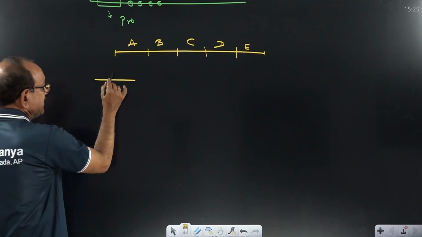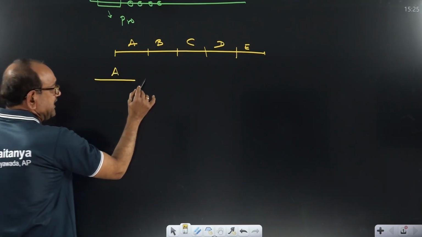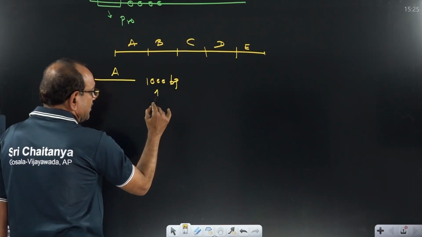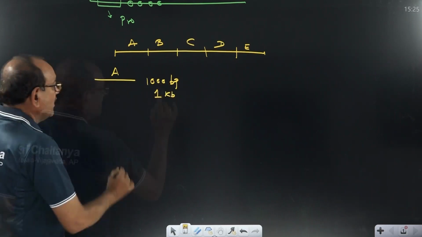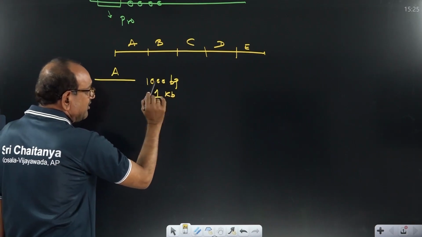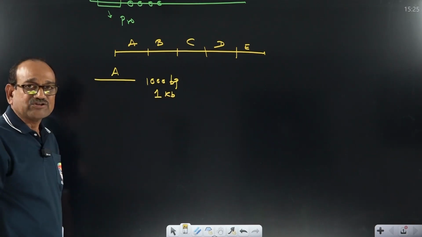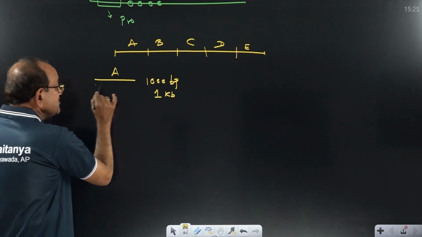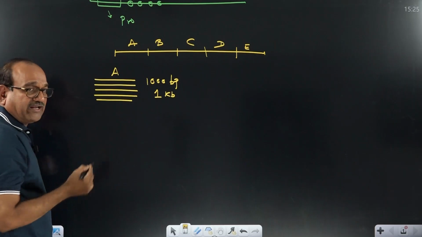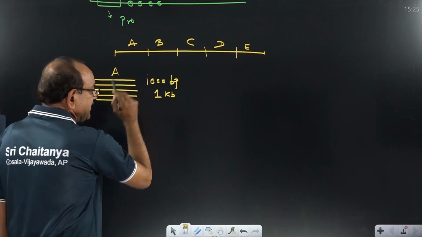For example, fragment A contains 1000 base pairs or 1 kilo base pair. How many such fragments are needed to identify all these 1000 base pairs? Actually, we need 1000 copies, because one fragment of DNA is needed to identify one nitrogen base.